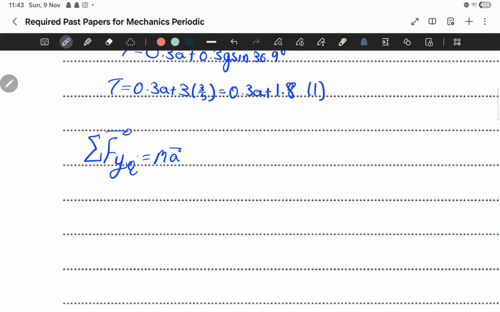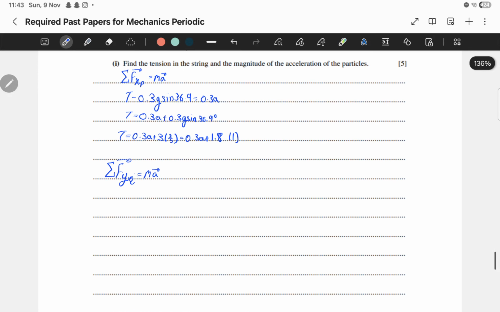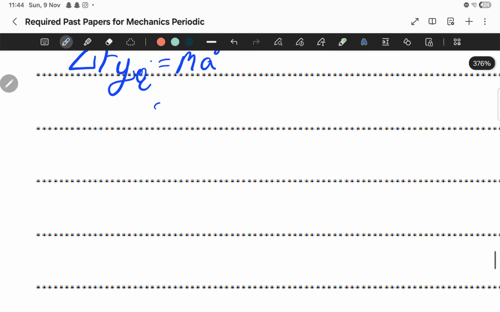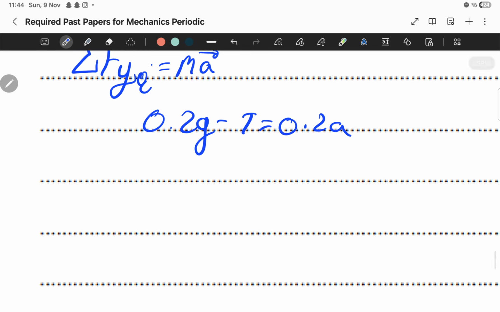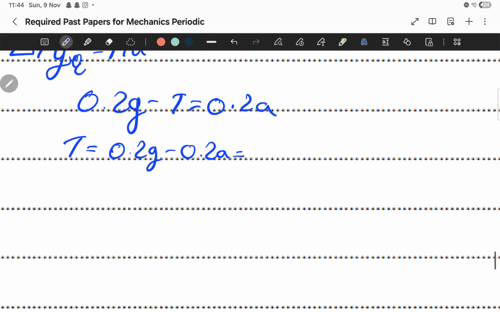It's going to move downwards, so that means mg, which is 0.2 g. So 0.2 g minus tension is equal to 0.2 a. So my tension is going to equal 0.2 g minus 0.2 a, which is 2 minus 0.2 a. This is equation 2.